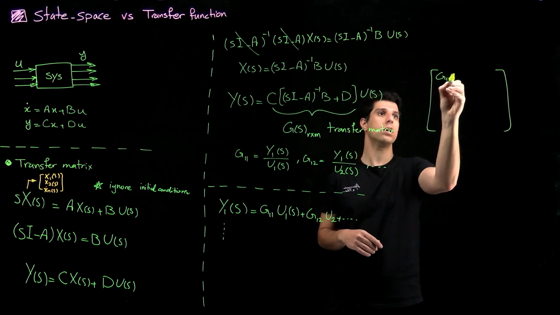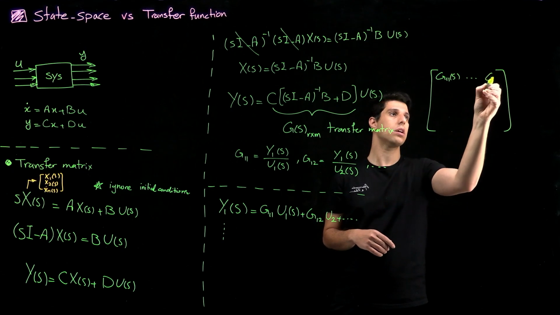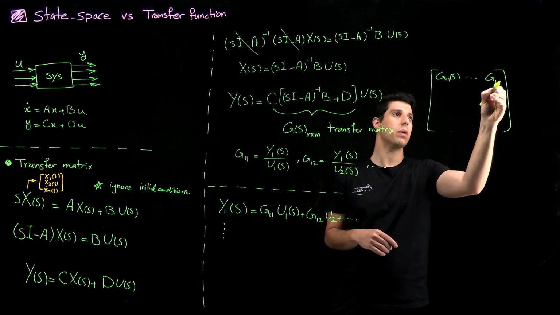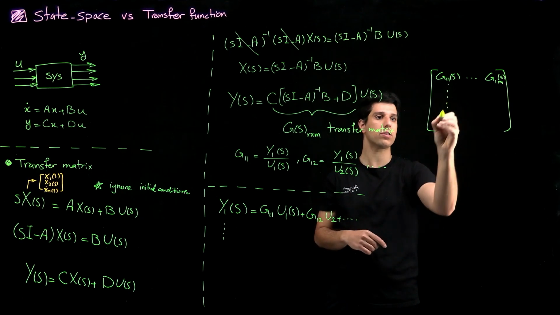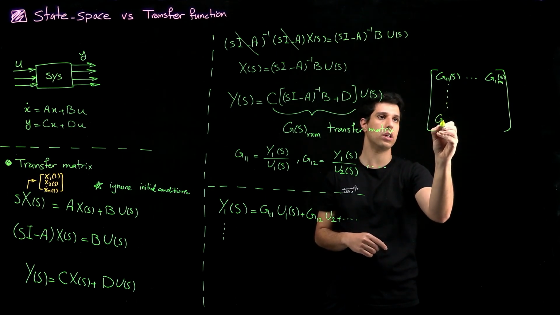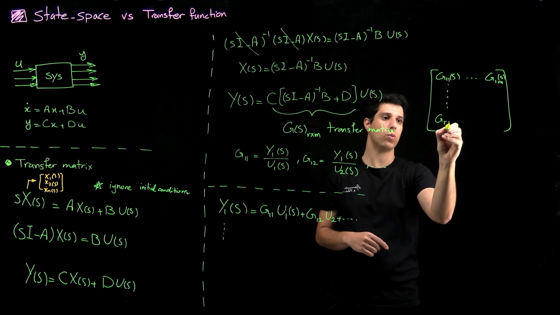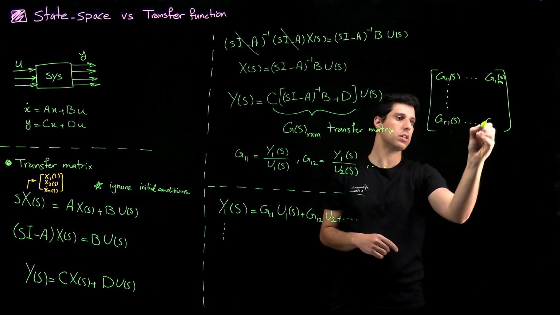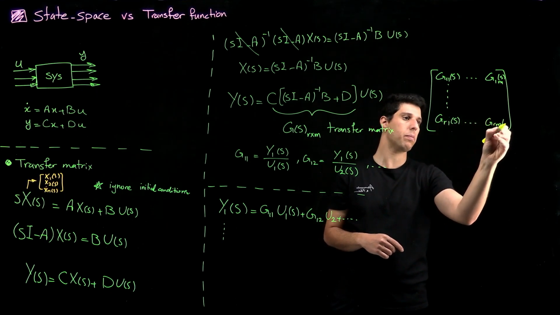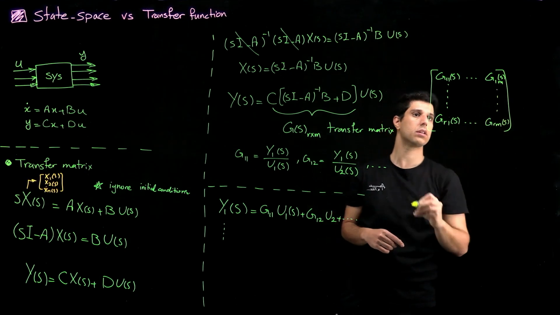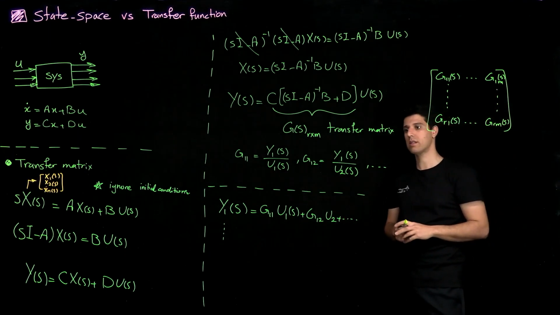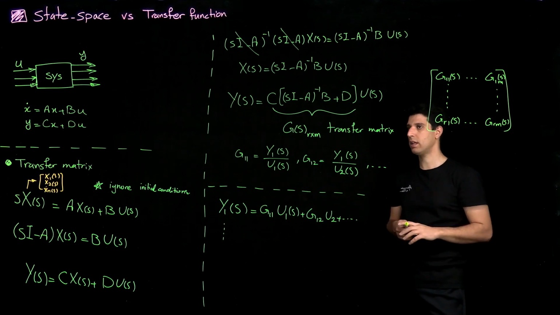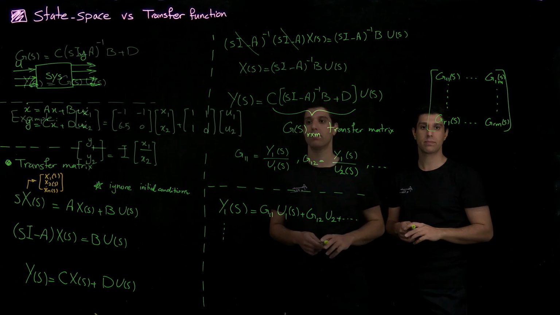Obviously G11, all of them, up to G1M, they're all functions of s. They are transfer functions, down to GR1(s) and GRM(s). Okay, that's a good use of the space. So let me clean the board and we come back with an example.